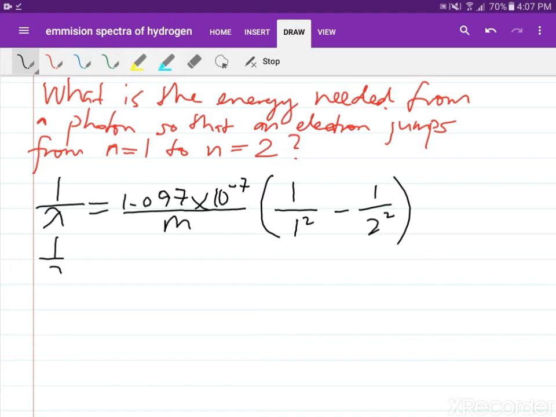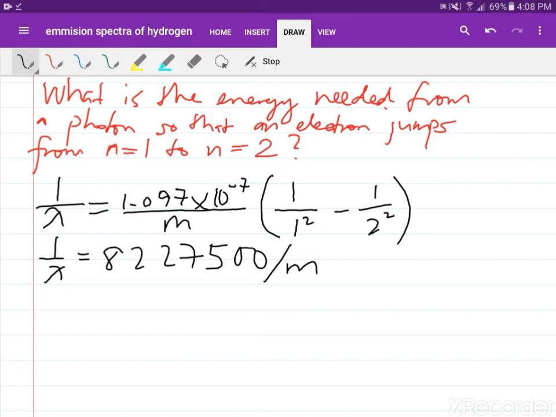So we would get 1 over 8,122,750 per meter.